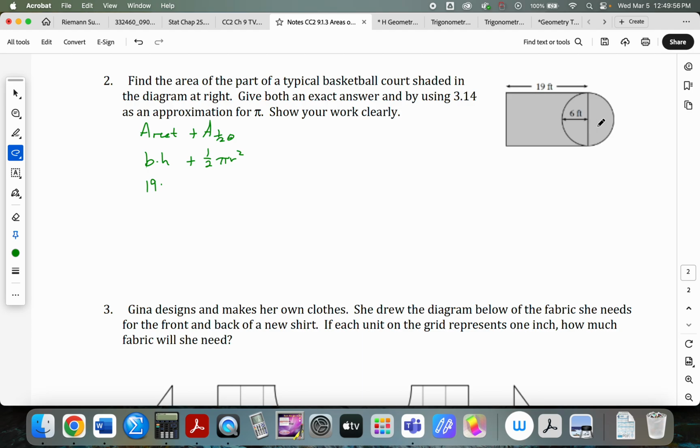Yes, right. And the radius is half the diameter. So this is going to be 12. So it's 19 times 12 plus half times pi times the radius squared, which was 6. That's 190 plus 38 is 228.